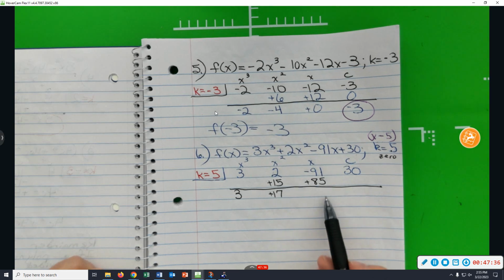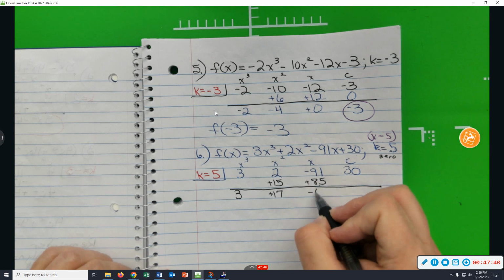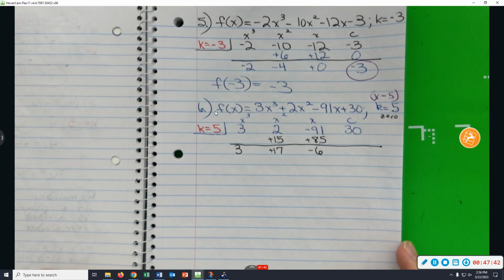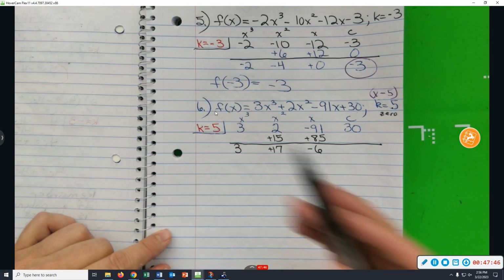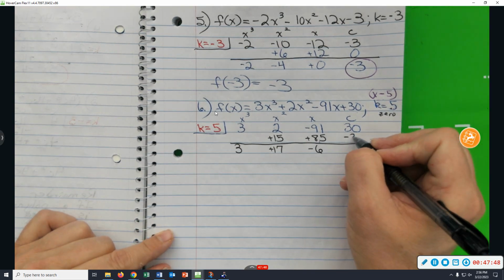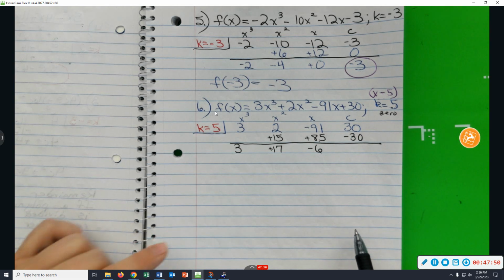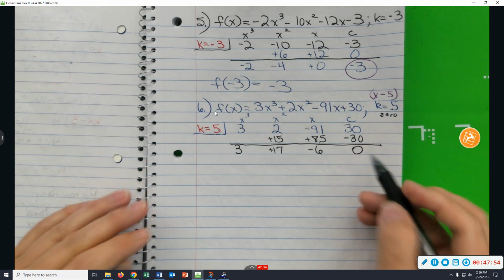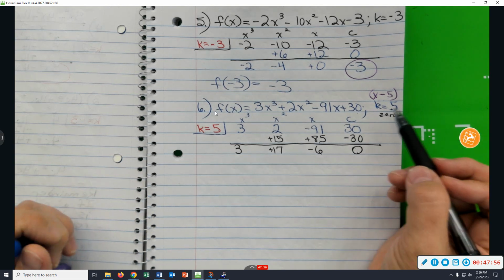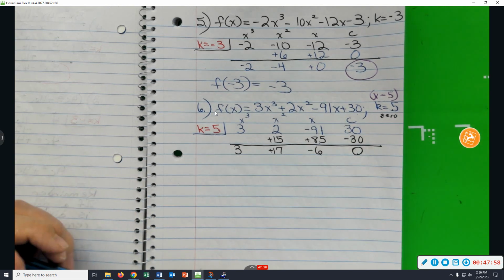Negative 91 plus 85, is that a negative 6? Negative 6 times positive 5 gives me a negative 30. What are we about to get here? Sure enough, we got a 0. We knew we were going to get a 0 because k equals 5 was a 0.